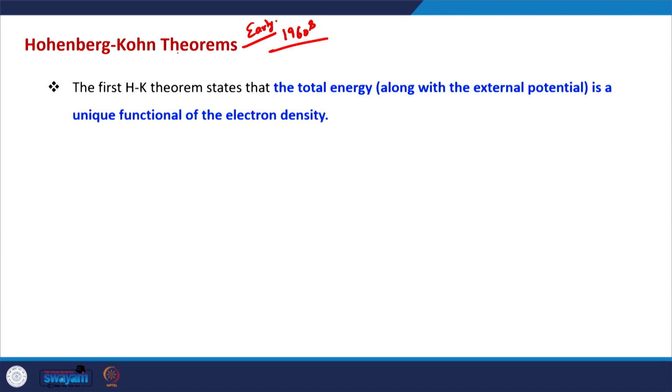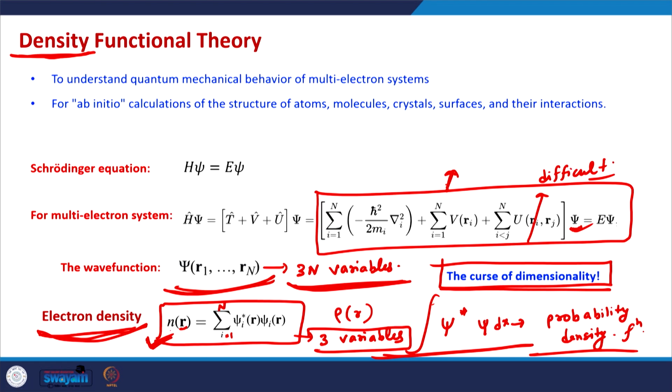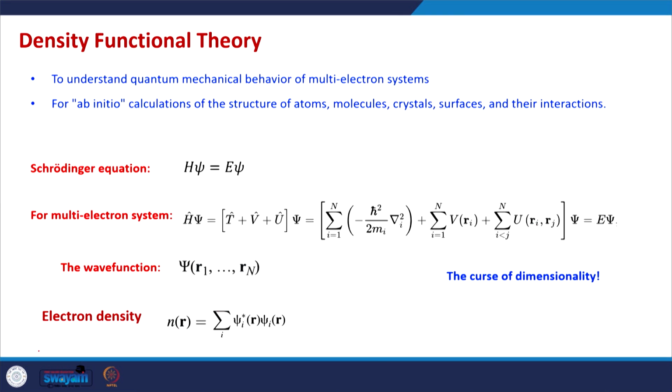What the first HK theorem, the Hohenberg-Kohn theorem, says is that the total energy of the system is a unique functional of the electron density. So what it means is, if we go back to the previous slide, the energy of the system depends on the Hamiltonian, according to the Schrodinger equation, and we need to solve the Schrodinger equation.